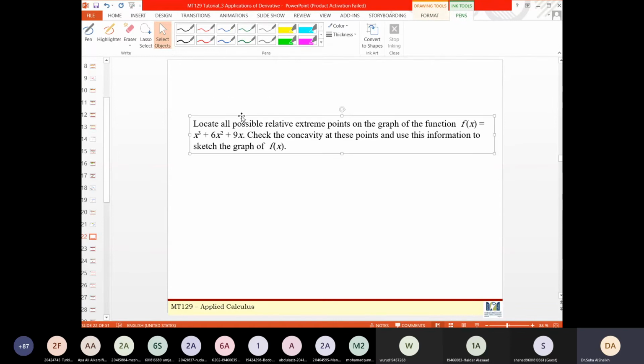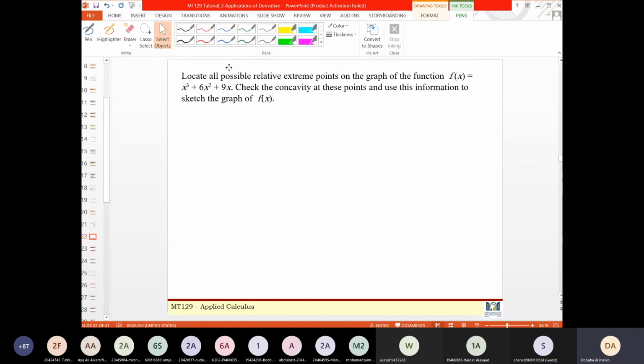So here's the question. Locate all the possible relative extreme points of this function. So this is my function. My function is f of x equal to x to the power 3 plus 6x squared plus 9x. We will find f dash of x. What is f dash x?